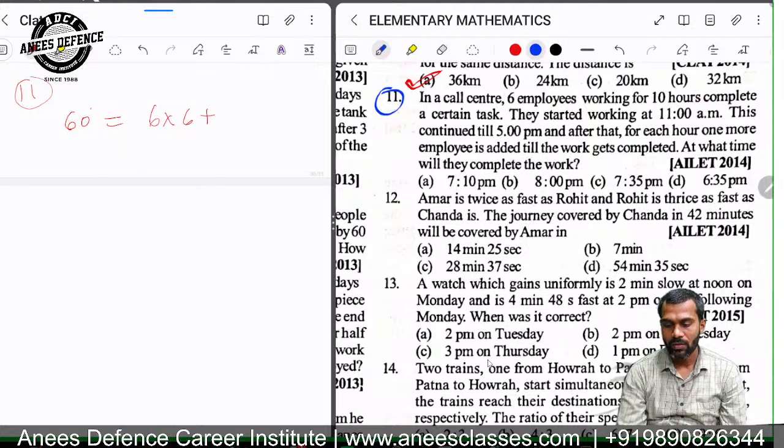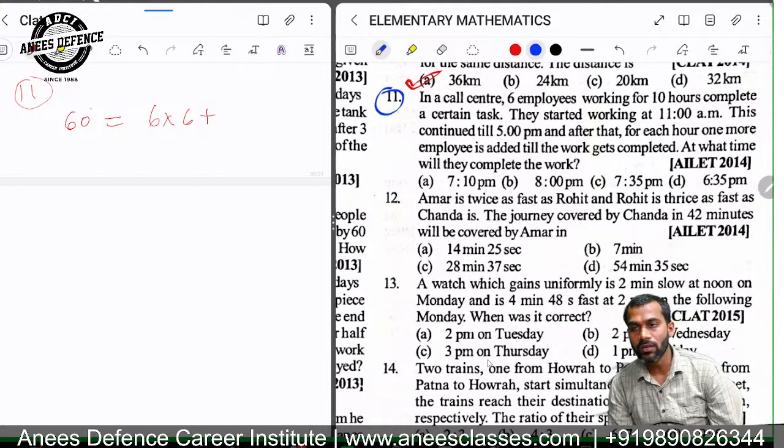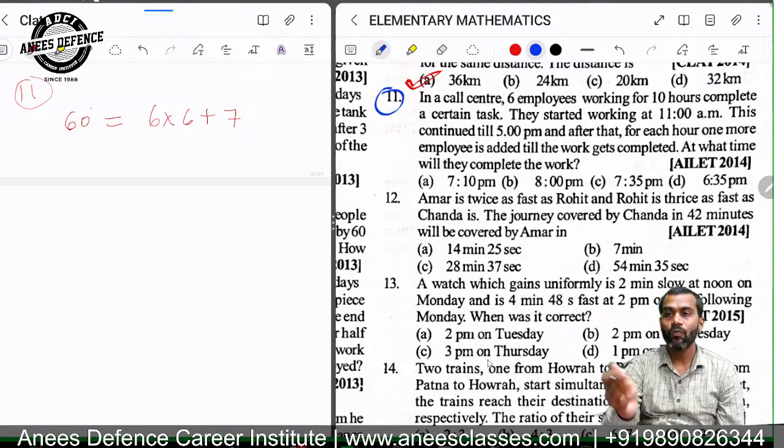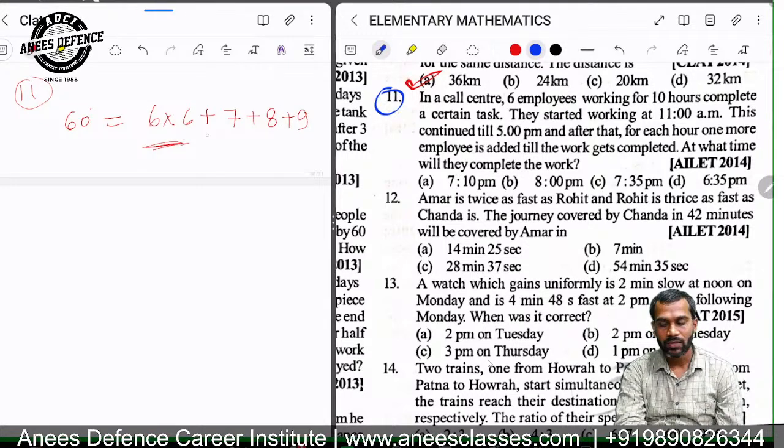Plus, in the next hour, how many employees will be there? 7. One employee will be added after every hour after 6 hours. Are you getting? In the 7th hour, 7. In the 8th hour, 8. And then 9th hour, 9. Just keep adding. This is 36.